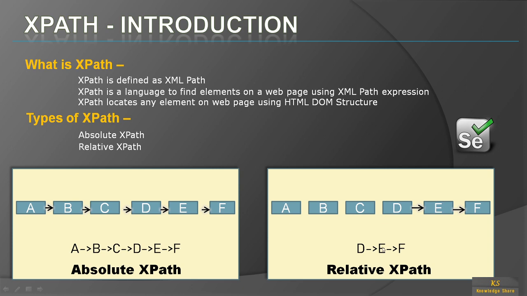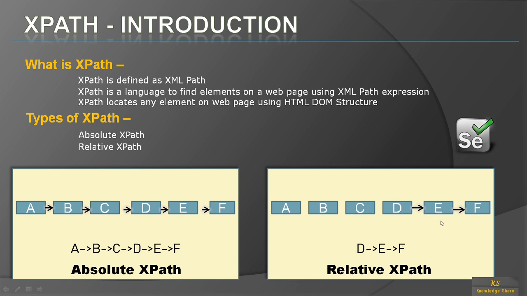And what is relative XPath? This relative XPath is nothing but a partial one. In absolute XPath you are starting from the root element, but in relative XPath you will be starting somewhere in the middle of the structure. You can either start from B or C or D. Here I'm starting from D, so it's very easy to traverse.